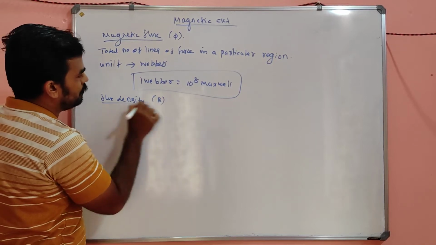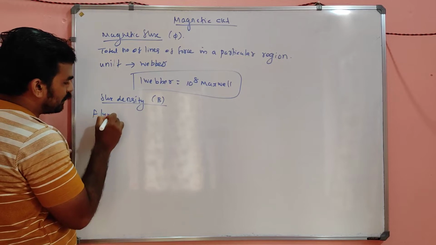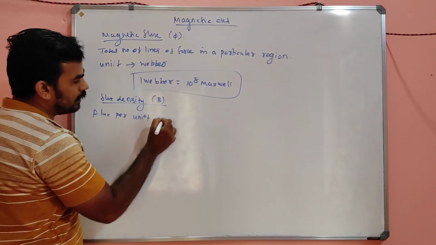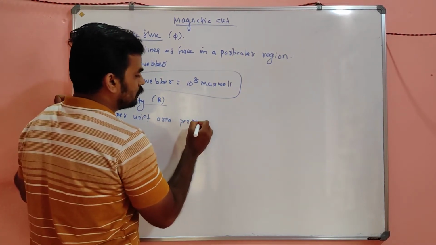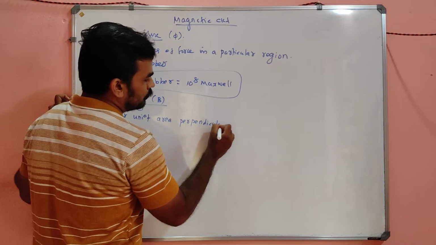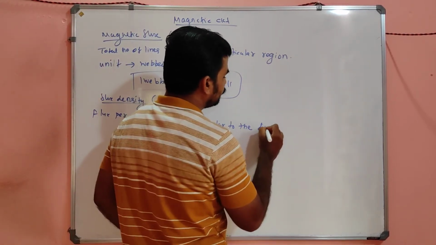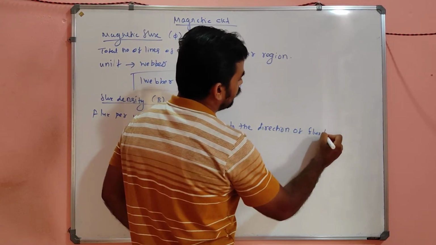Okay, and flux density, represented by the symbol B, is flux per unit area perpendicular to the direction of flux line.